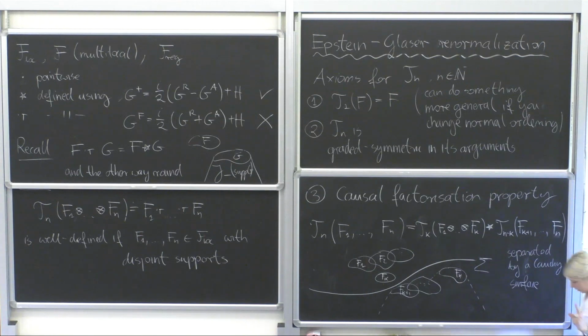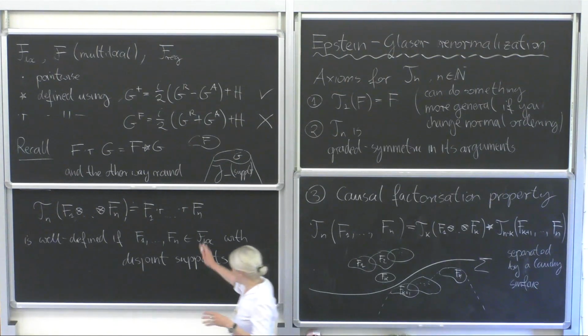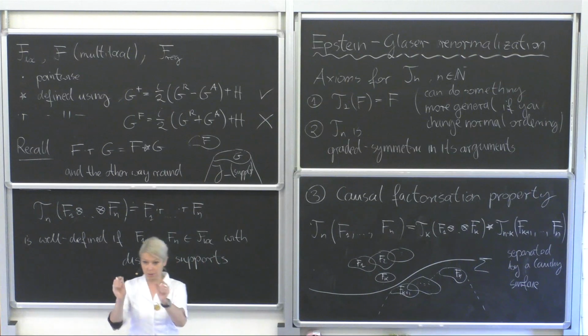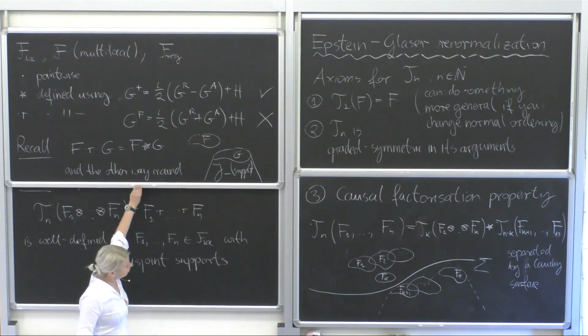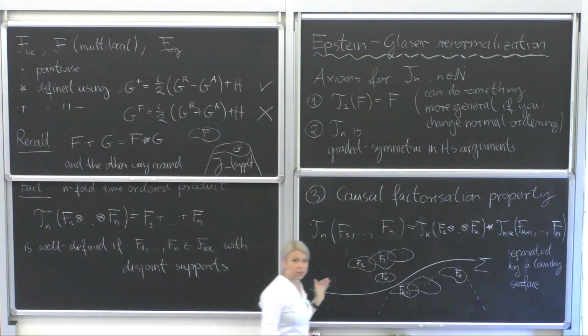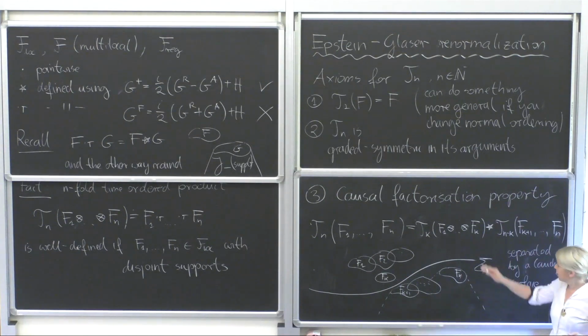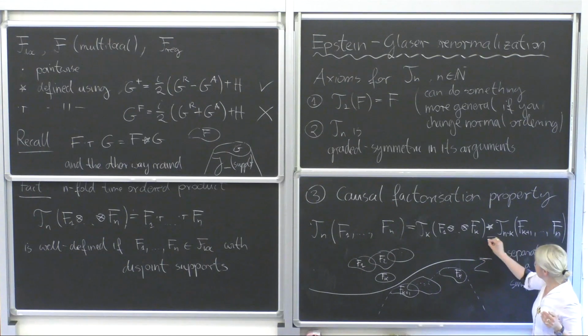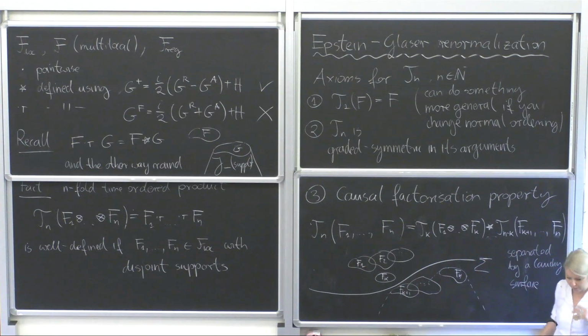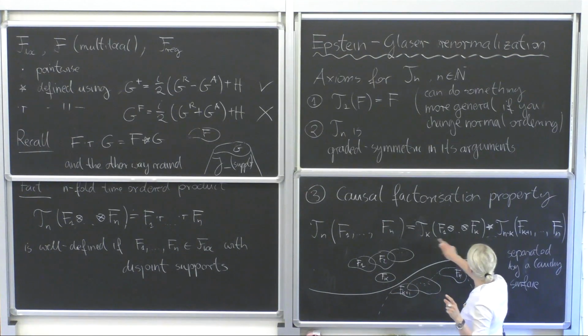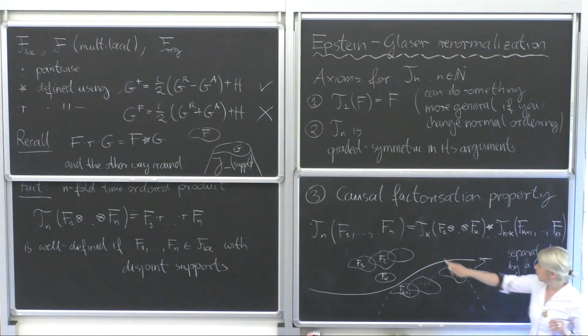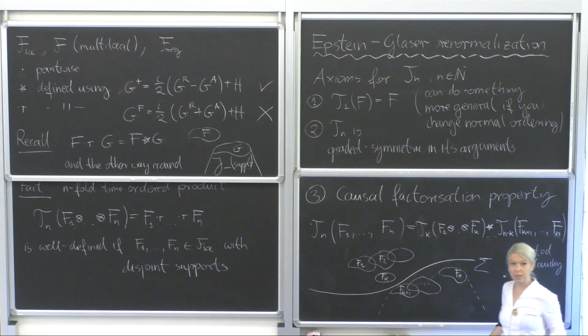And this is the special case of that with just two arguments. What do we see here? First of all, I'm trying to trade this time-ordered product for the star product, right? Because I know it's well-defined. And second of all, you see that naturally this k here has to be less than n.